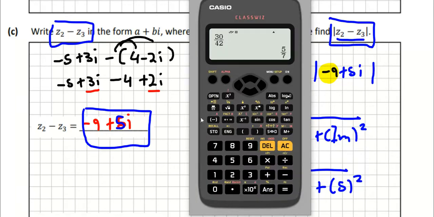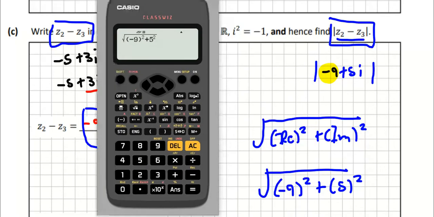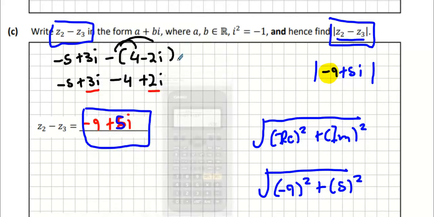And then in your calculator, you're going to go square root of -9 squared. Please use your brackets, plus 5 squared. You don't need the brackets for the 5 part because it's a plus answer, but if you're really being on the point, you'd always use your brackets. Okay. Root 106 is our answer for that one. Okay.